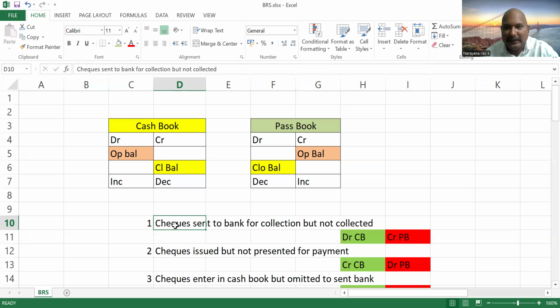When we receive cheques from customers, those cheques are deposited into our bank account. The bank will collect the amount from our customers and credit it to our bank account.